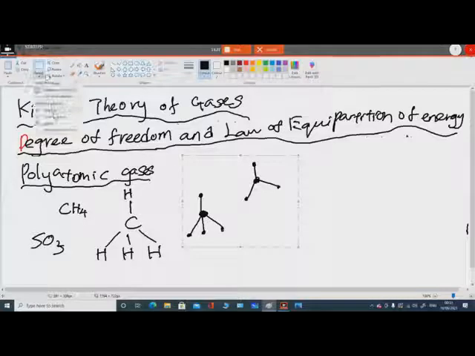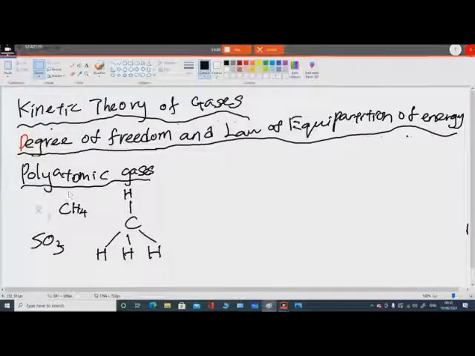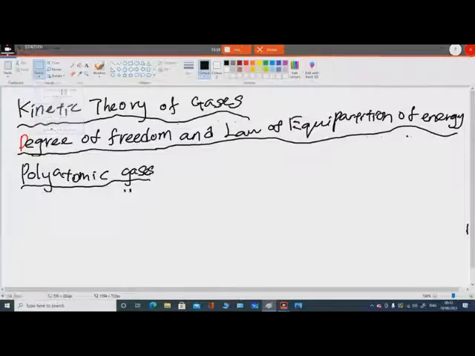Alright, so let me draw again. So this will be our polyatomic gas. So let's take sulfur trioxide, sorry, as the example. Okay, so same as before, we inscribe this sulfur trioxide in the container.